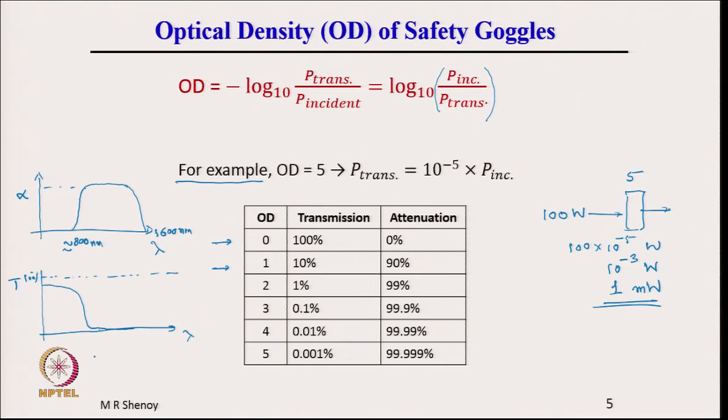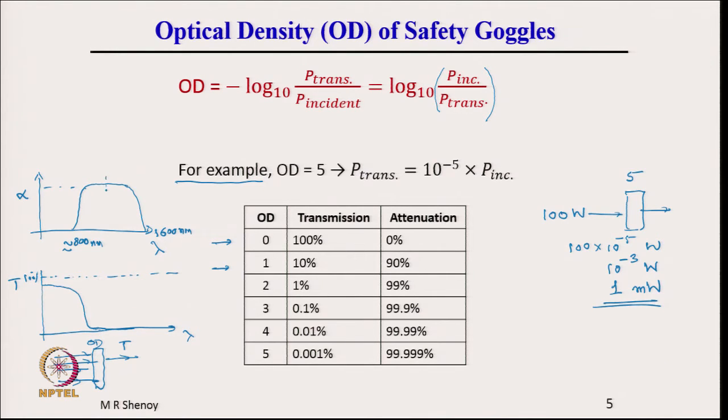What I mean by transmission is, if you put the goggle here, I am showing the glass only, and the laser beam or the scattered light is entering, then the transmitted fraction is what comes out here, relative to the incident, and this is with a certain OD. Then across the wavelength spectrum it almost blocks the window.